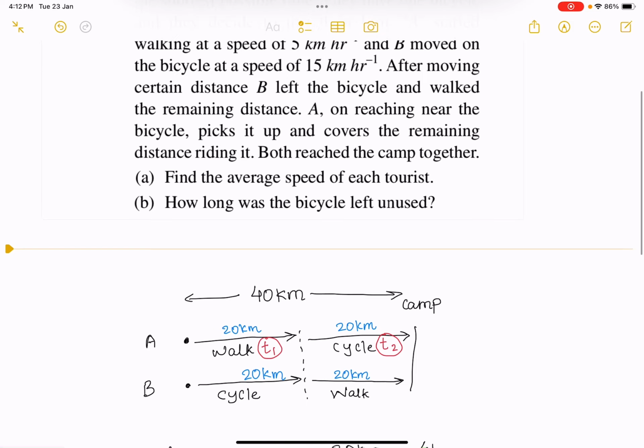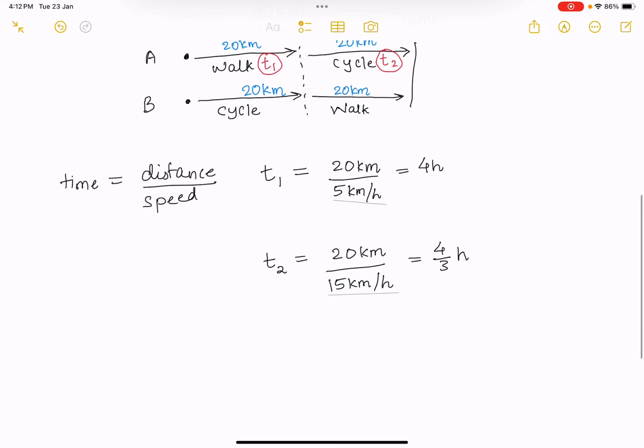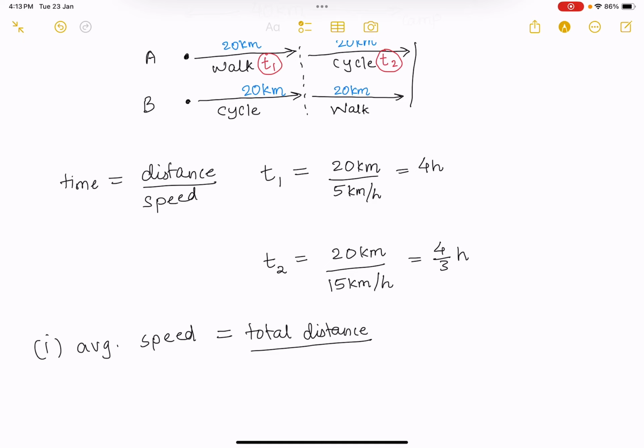Now, what are they asking? They are asking the average speed of each tourist and how long the bicycle was left unused. So first let's calculate the average speed. The average speed is going to be the total distance traveled by any person divided by the total time taken. The total distance traveled is 40 kilometers.